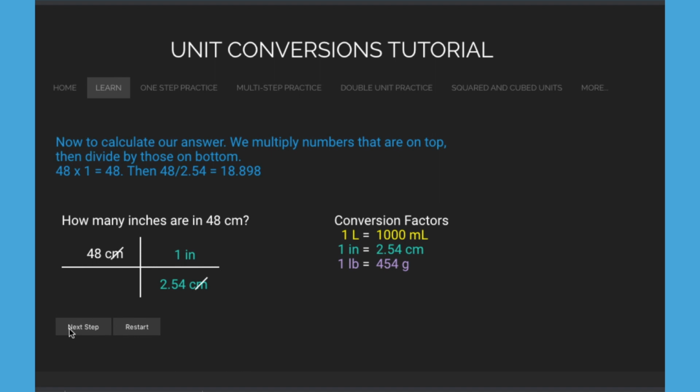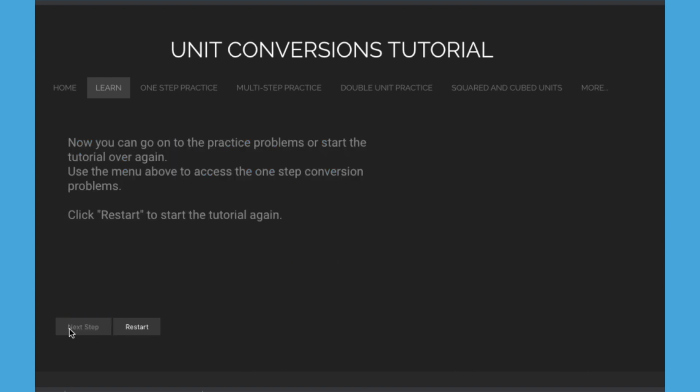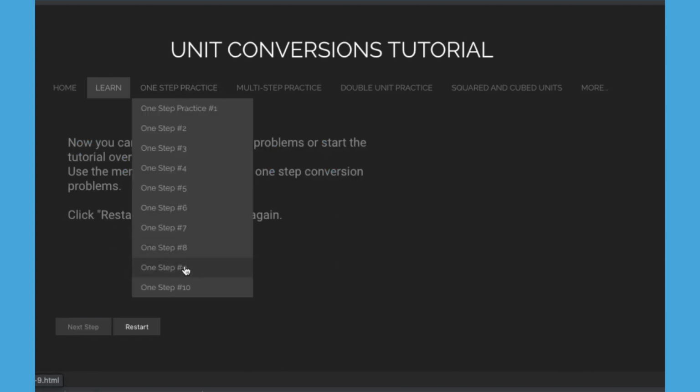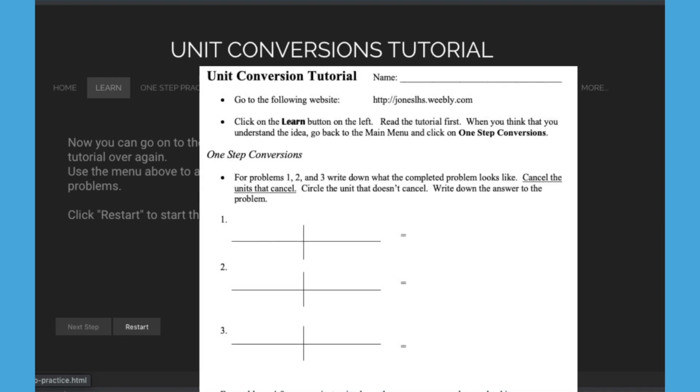And then they show them the math of multiplying across the top and dividing by the bottom. There's a one-step practice with lots of them. There's a multi-step practice. And there's, in the course materials, a sheet that goes along with it where the students write out their work in some of the steps or just record their answer in some of the steps.